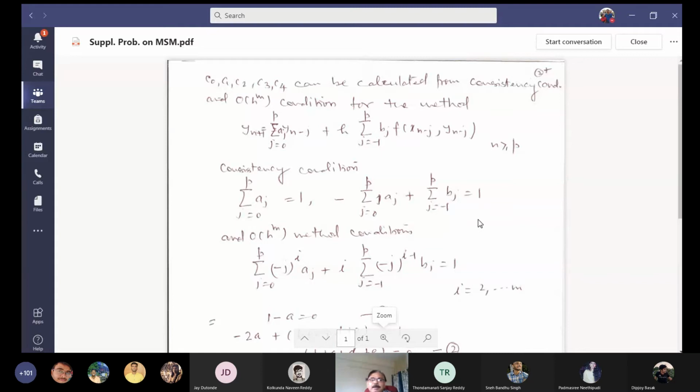So what are these a_j's and b_j's? That was in terms of A, B, C, D. The method was given to you, so just write down the method.